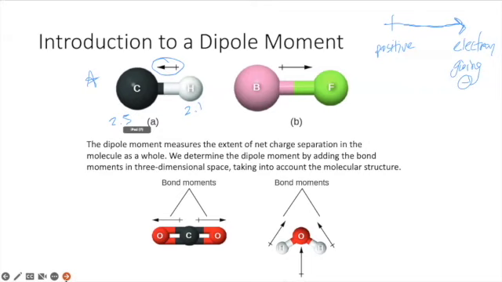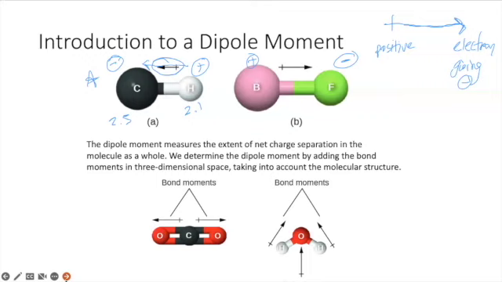But if we were just to follow the trend, we know that carbon is the more electronegative atom. So in a bond, this would be the more negative end. This would be the more positive end. If we were to do the same thing for boron and fluorine, fluorine is the most electronegative atom. He's always going to hold on to the electrons more. And boron is going to be slightly positive.